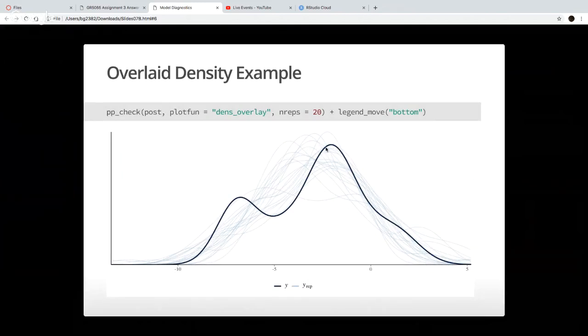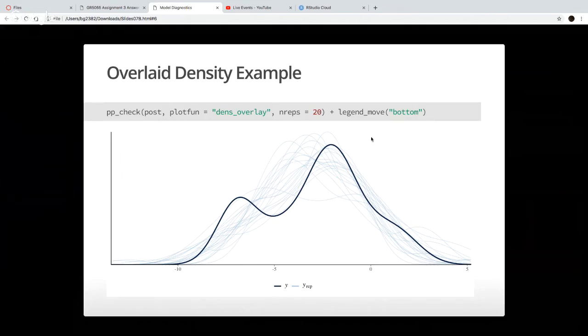So this is the overlaid density plot that we saw before in ShinyStan, again showing the actual data has the second mode in the marginal distribution of the outcome that's not being well captured by our model, presumably due to omitted variables. The thing that comes out of pp_check is a ggplot2 object.